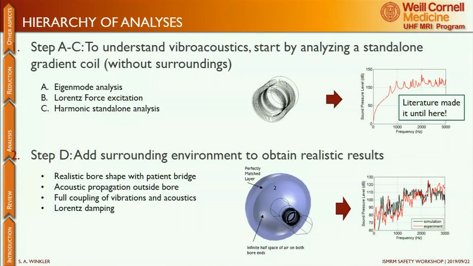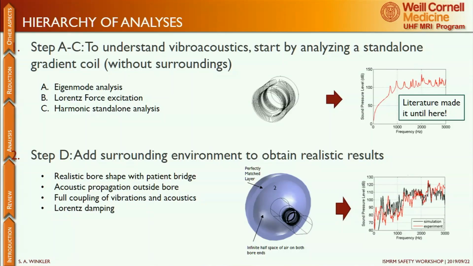So in terms of understanding what actually happens in terms of vibroacoustics, I have come up with this hierarchy. Step A to C is to look at the gradient coil only without anything surrounding it, so no air, no scanner. And that gives us an understanding of how things work. And then in step D, we add other things like the warm bore, the air around.